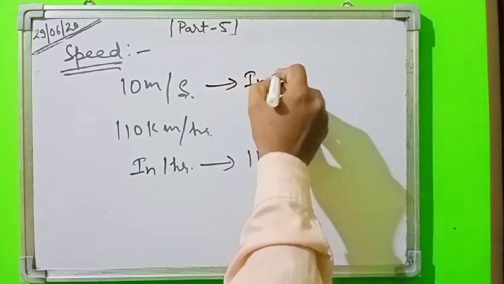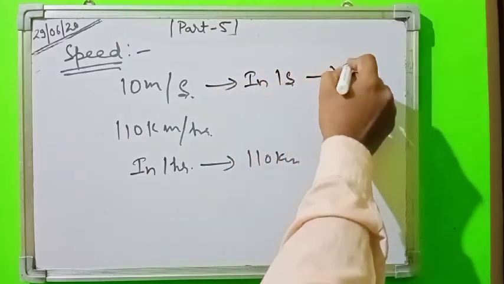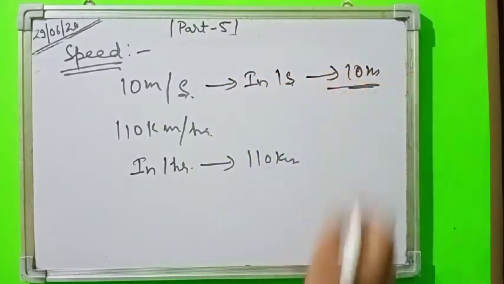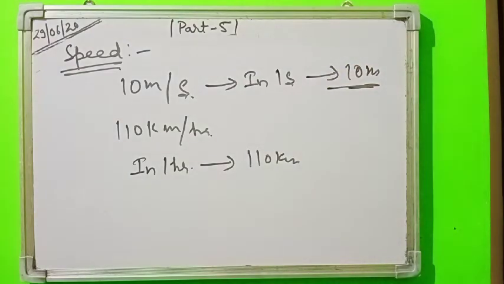In 1 second the distance covered is 10 meter. It means how much distance is covered by the object per second.